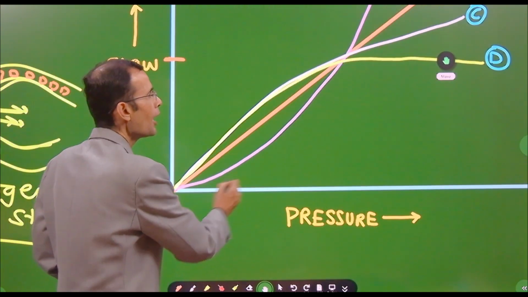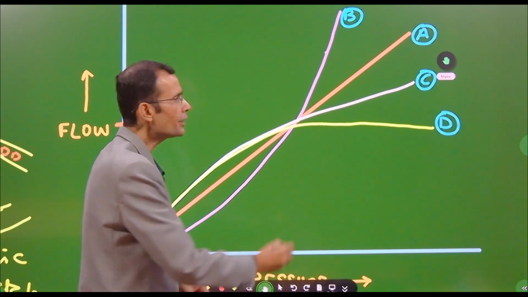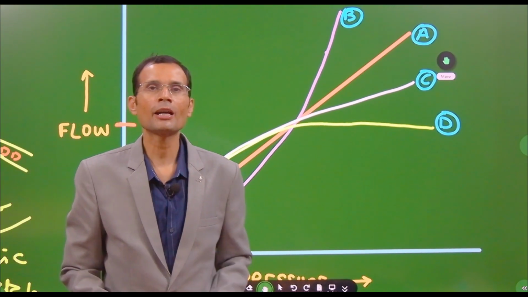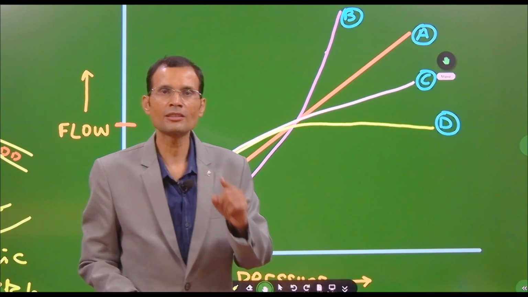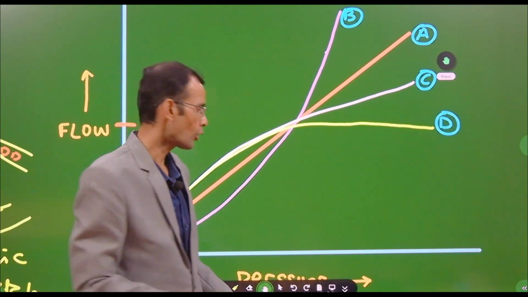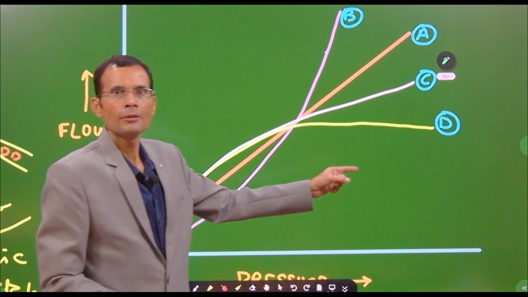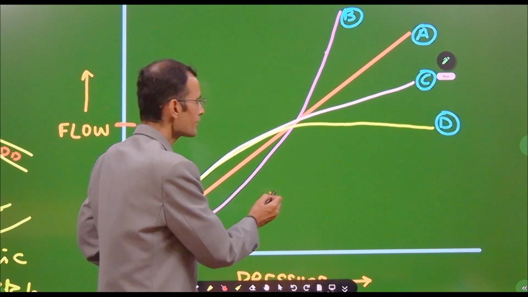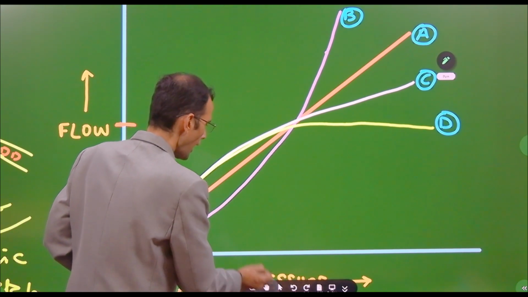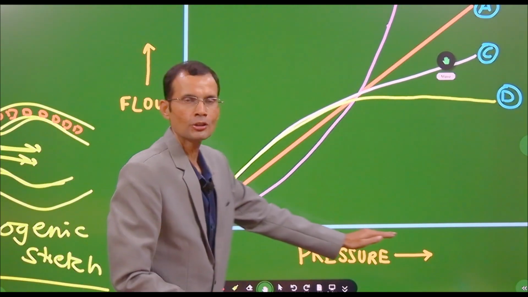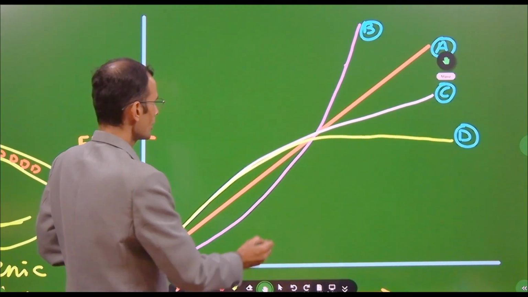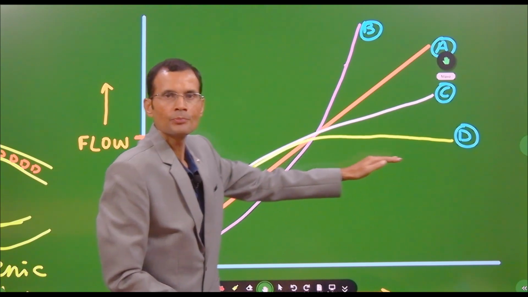Okay, and now coming to the curve D, which was the answer to the MCQ. D represents cerebral blood vessel or cerebral circulation. D is telling us that as the pressure is increased on the horizontal axis, look at the green curve.